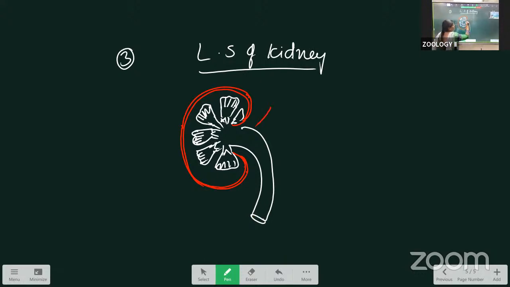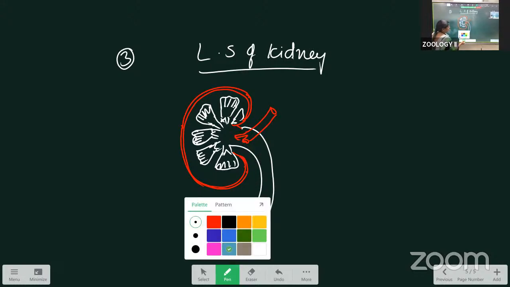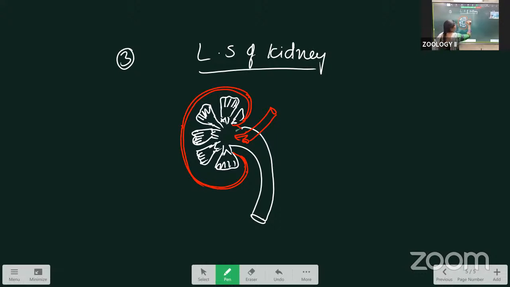The renal artery comes inside. The renal vein goes out, here, like this. I'm labeling this one. You observe here.